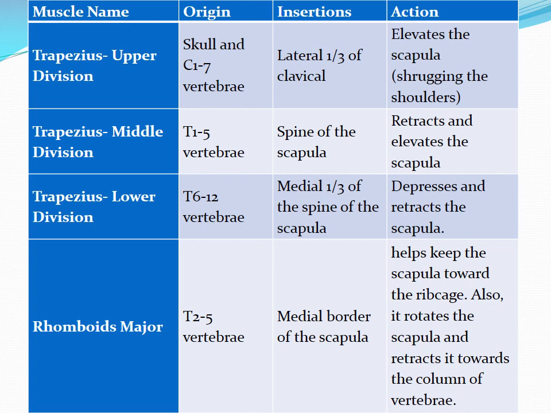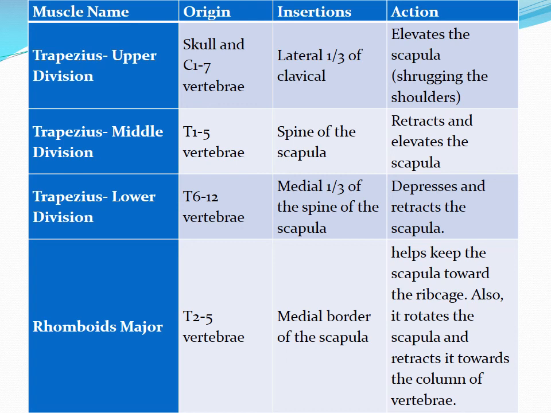This is going from T1 to T5, so the upper part of the thoracic spine. It attaches to the spine of the scapula, and its main job is going to be to retract the scapula. It will also help with a little bit of elevation depending on which fibers they are. Then you're going to have the lower trapezius.